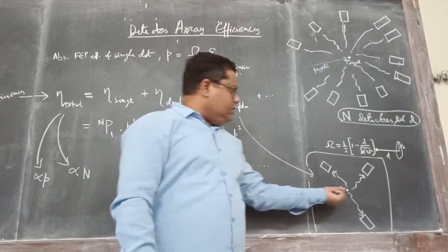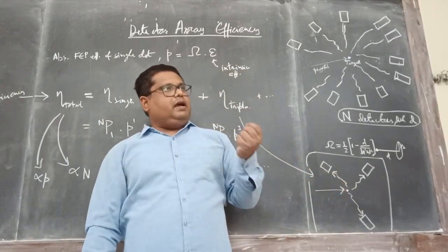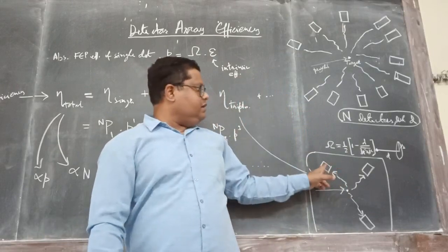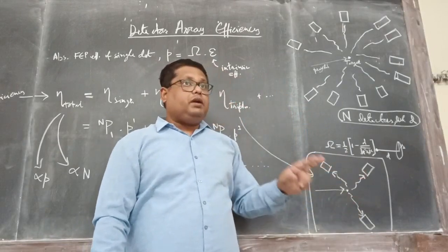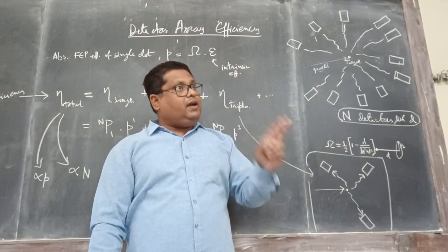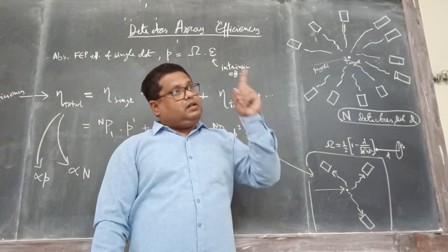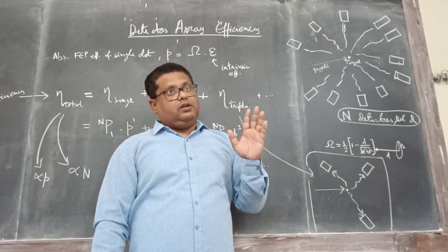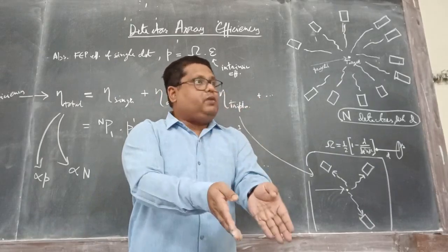What is happening? Suppose an excited nucleus emits 3 gamma rays at a time, and I am detecting 3 gamma rays. Remember, when I am talking about an array, I am always talking about the fact that one gamma ray is always detected in one detector. So don't think that 2 gamma rays are entering one detector.